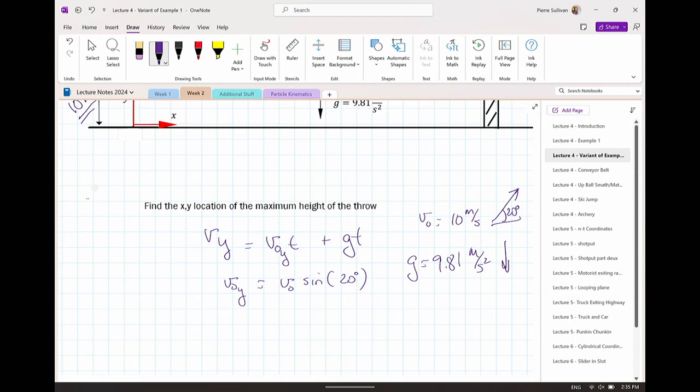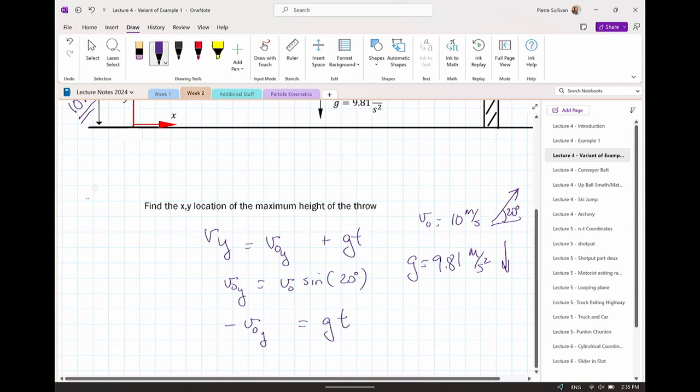So if I put down my numbers, I have g, which is acting downwards. Minus v naught y equals gt.